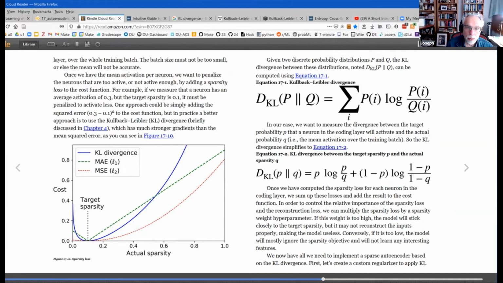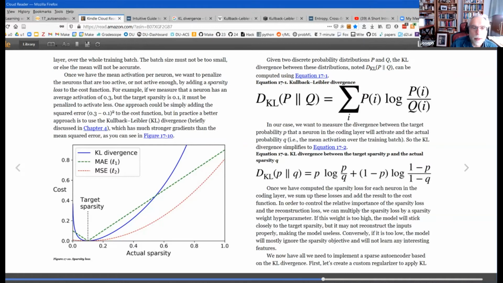As you can see, if you break this out, log P over Q is just log P minus log Q. So this is going to be the sum of P log P minus the sum of P log Q. So the first term would be the entropy, and, let's see, yeah, there's a minus sign somewhere.